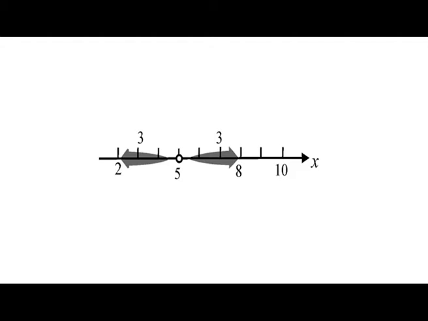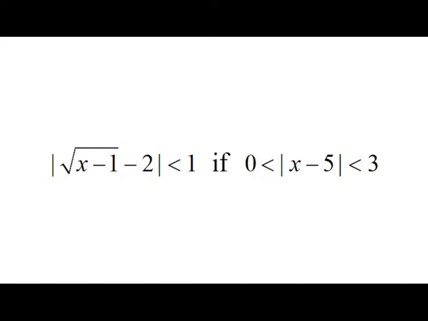If we take delta equal to 3, then the inequality 0 less than absolute value of x minus 5 less than delta will automatically place x in the open interval (2, 10) to make absolute value of square root of x minus 1 minus 2 less than 1. Thus, absolute value of square root of x minus 1 minus 2 less than 1 if 0 less than absolute value of x minus 5 less than 3.